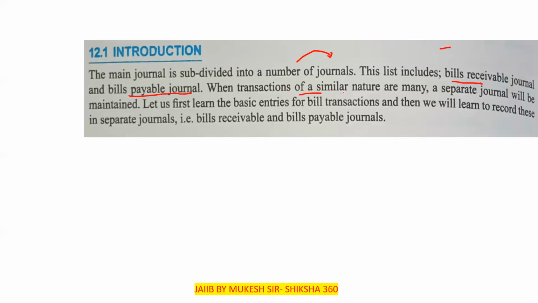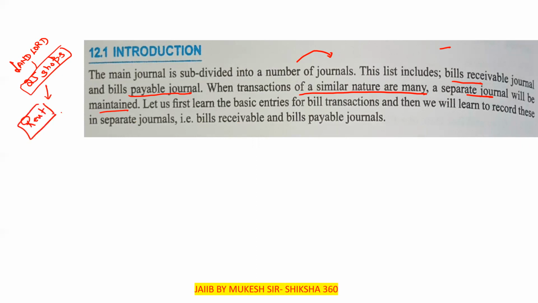When the transactions of a similar nature are many, a separate journal will be maintained. For example, a landlord has 25 shops and all the 25 shops are given on rent.